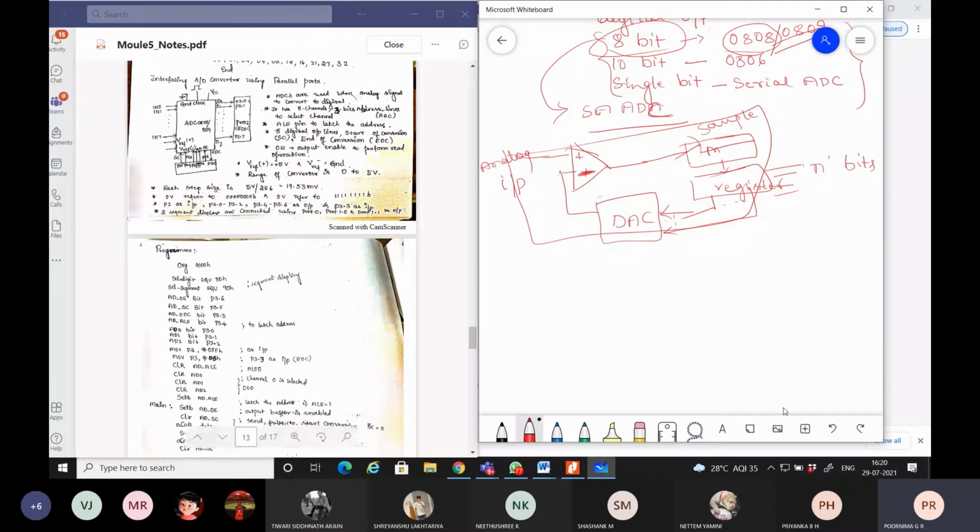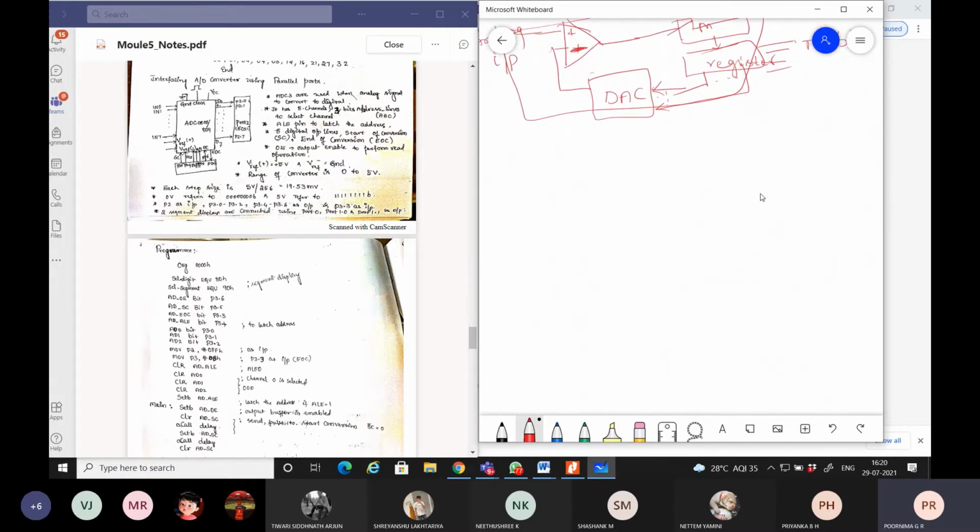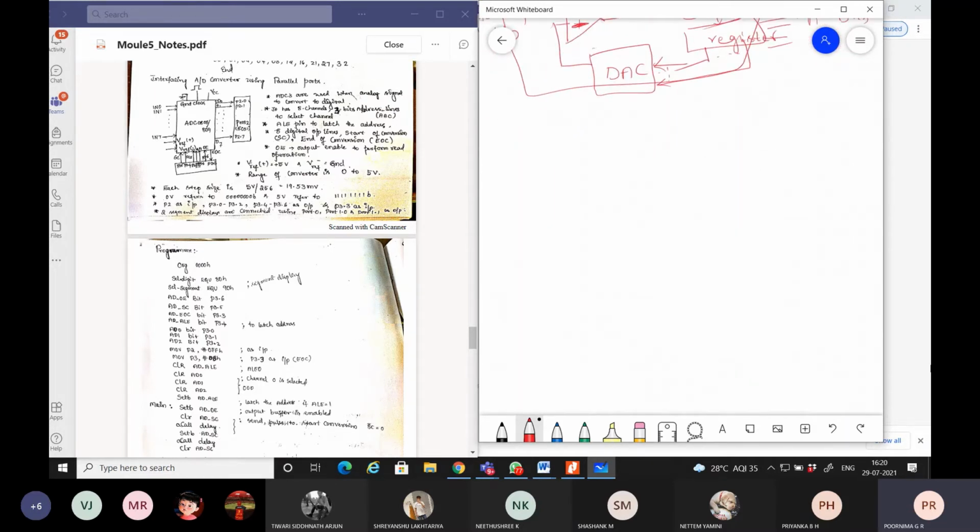This is how we design an analog to digital converter in the case of a successive approximation ADC structure. Such an IC, assume it is available for your interfacing with the 8051: IC 0808 or 0809.